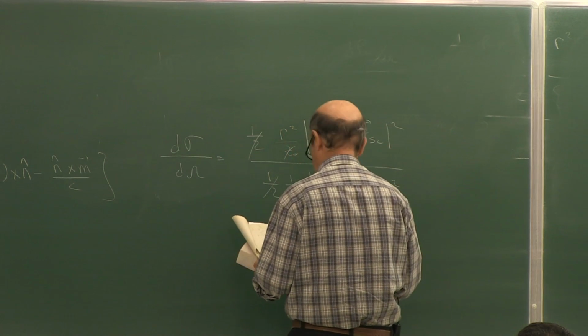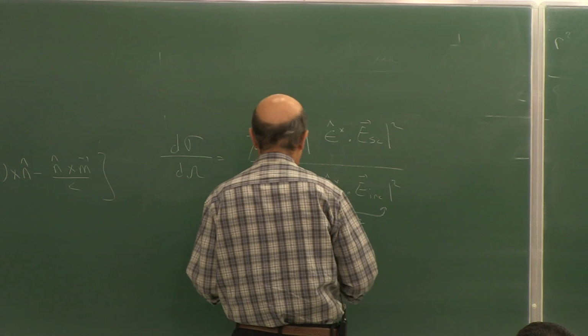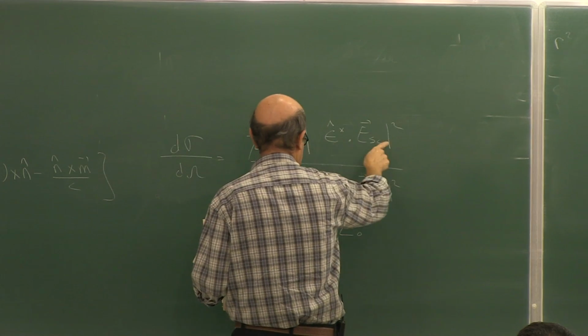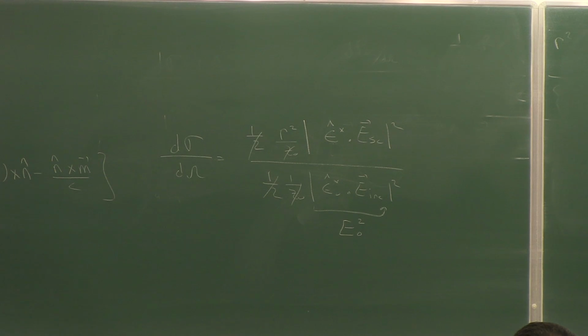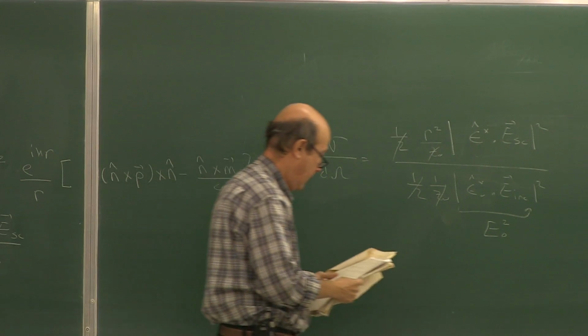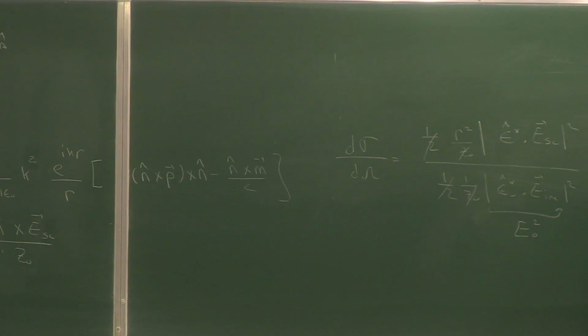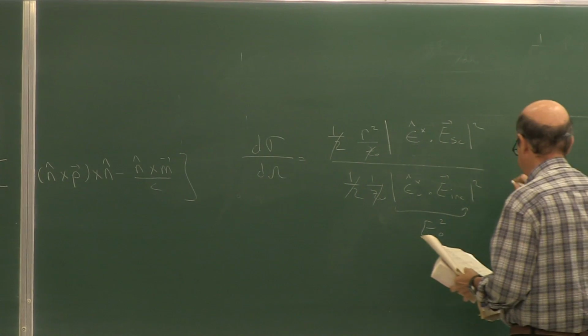So we are going to estimate that term. If you take the absolute square of this and multiply by r squared, that r squared over r squared will be cancelled, and you will get the following.